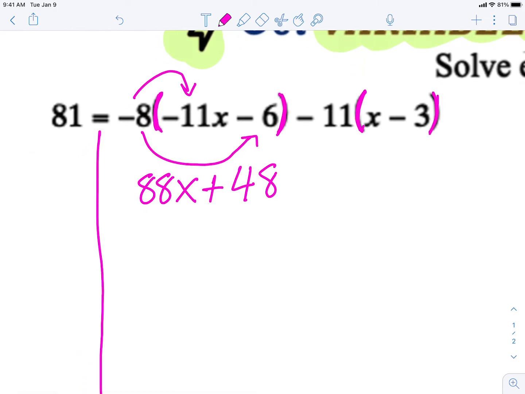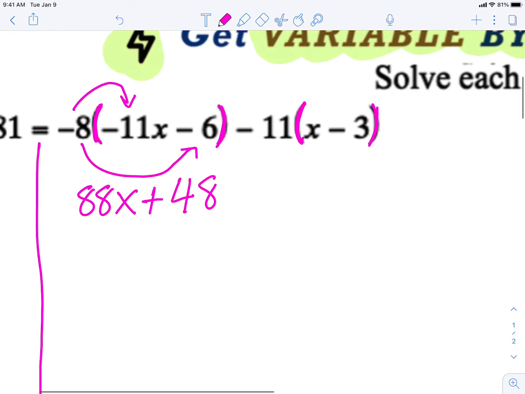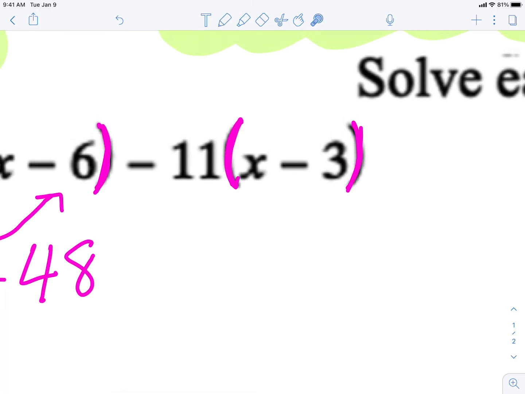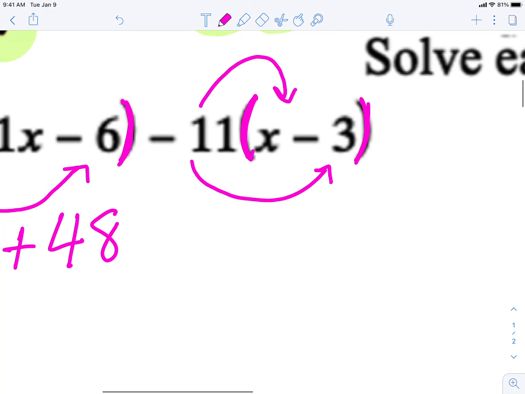Look at that. We took care of the first parentheses. Now, let's take care of the second parentheses. So, right outside the parentheses is -11. So this -11 is going to go with the x on top, and -11 is going to multiply with -3 on the bottom, right? So again, let's take it one step at a time.